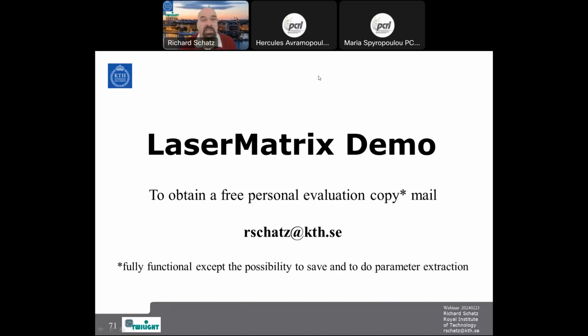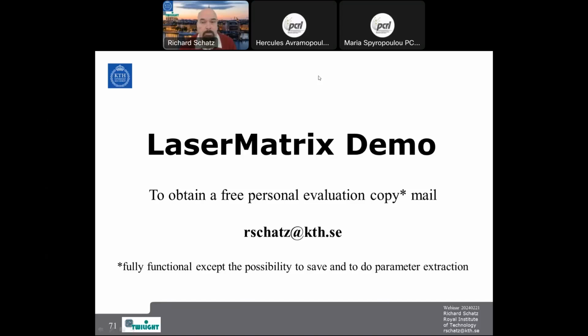VPI is good to simulate a laser's performance in a system once you have designed it. So they complement each other in a way. LaserMatrix is purely for the laser design, whereas VPI is more for the system design when you have finalized your laser design.